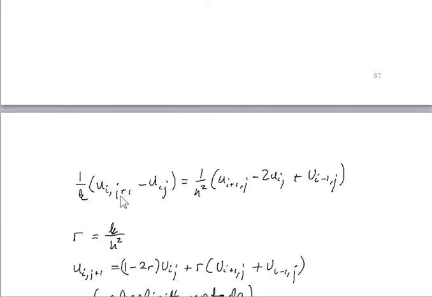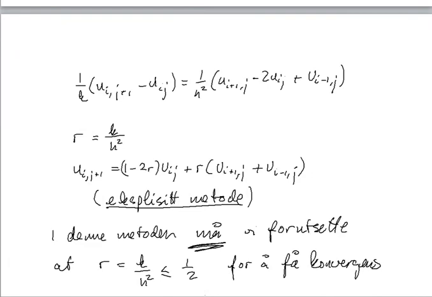Here is the left side of the equation in discretization form, and here is the right side of the parabolic equation. If I now multiply each side of this equation by k, then you see we get k over h squared. And this is an important parameter. Then we can write this discretization equation in this form.